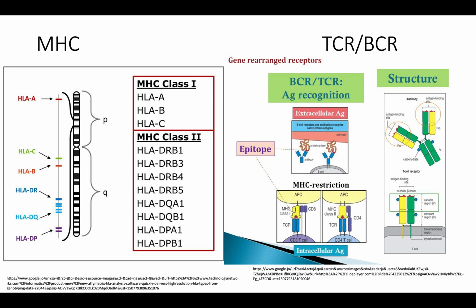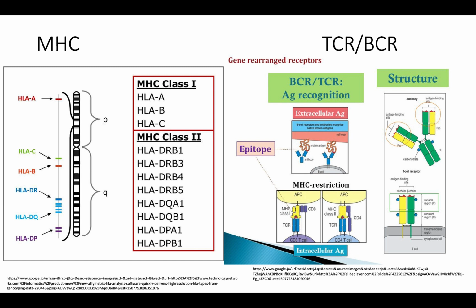How do I have polymorphism for the MHC complex protein, the T cell receptor, the B cell receptor? The whole idea is related to having a pool of genes that I draw from, and then I make different kinds of these molecules.